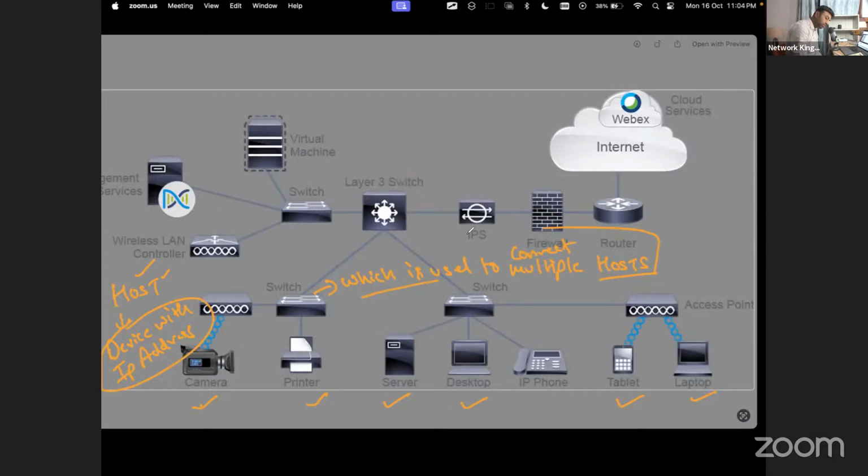Okay, so a switch is used to connect multiple hosts, right? Now what is this layer 3 switch? It also has routing capacity. What is a router? It connects multiple or different networks, right? Router क्या था? Connect different networks.